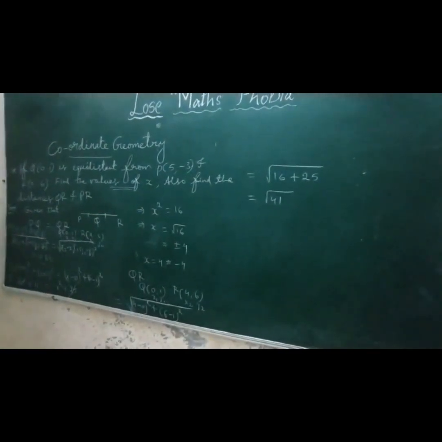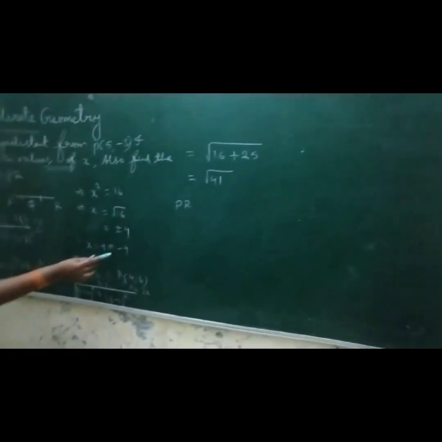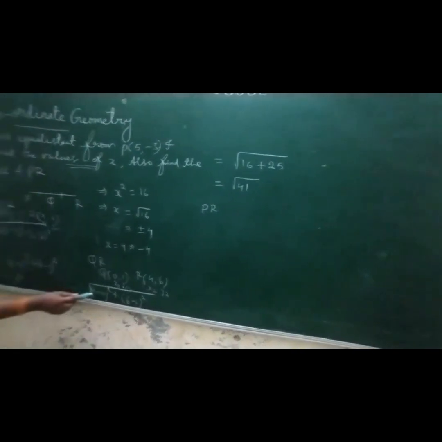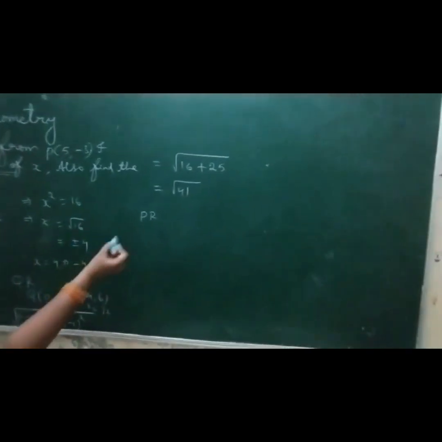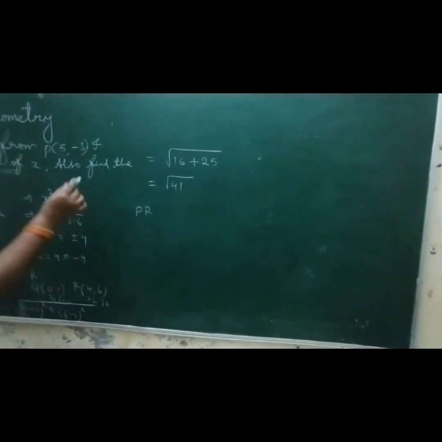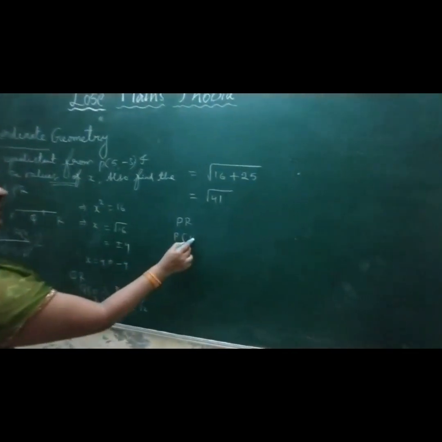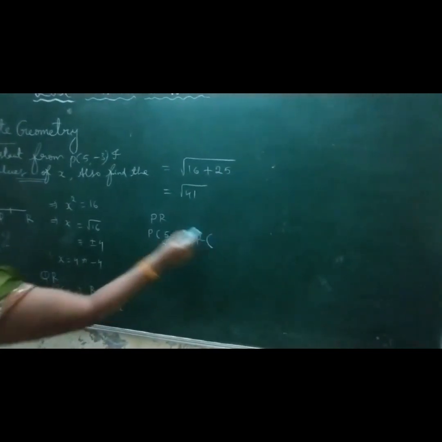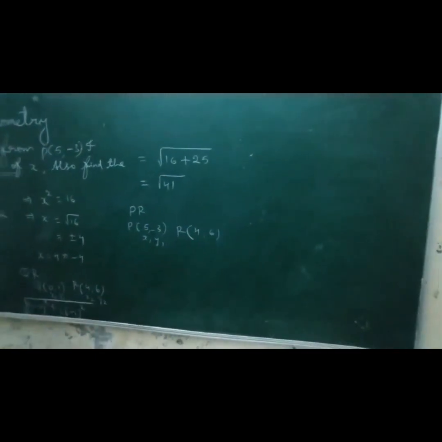And what about PR? We can even find it by taking minus 4 also. We get the same answer because minus 4 whole square is also 16. In place of x, minus 4 also can be replaced. Now let us find PR. Here P we already know is (5, -3). We will take it as x1 y1. R we have found with x value 4, so (4, 6).